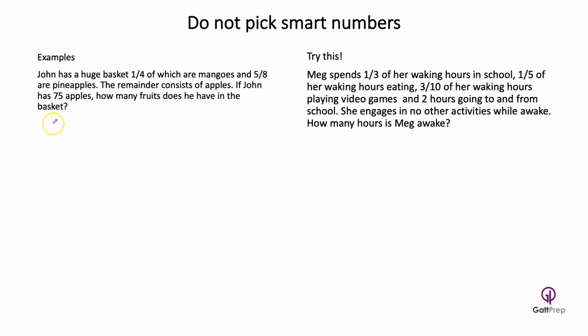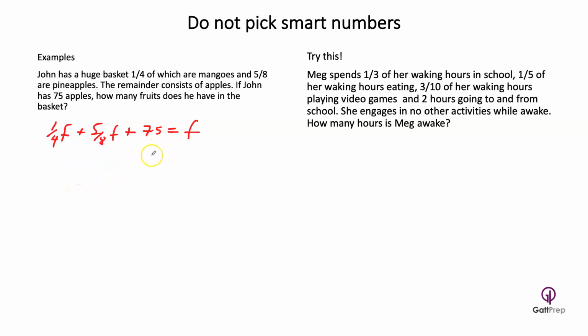We are looking at fruits, so we can say 1/4 of the fruits are mangoes, and then 5/8 of the fruits are pineapples, and the remainder consists of apples, and the apples are 75 apples, and then all these must be equal to the fruits.